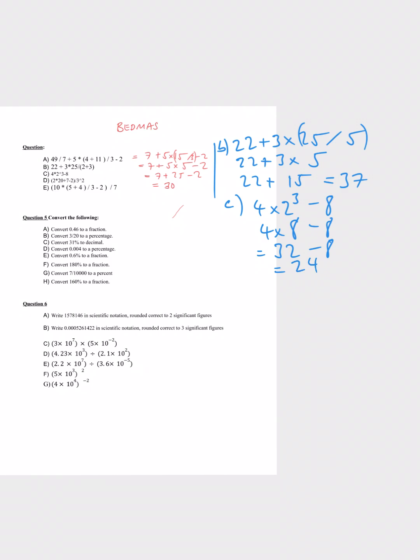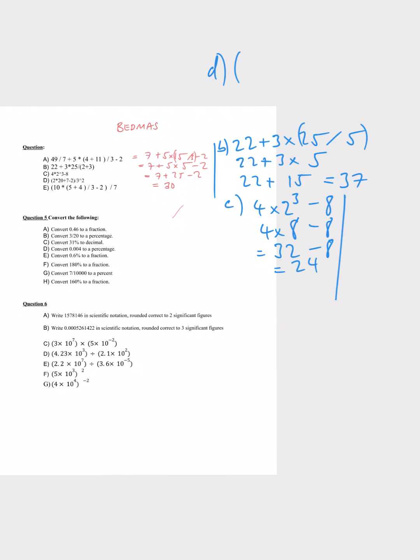Part D, I'm running out of space here. I will do part D up here. We have 2 times 20 plus 7 minus 2 divided by 3 power 2. So we have brackets and an exponent here, so they'll go first. So the first thing we do is these brackets here, where it's 2 times 20 plus 7 minus 2.